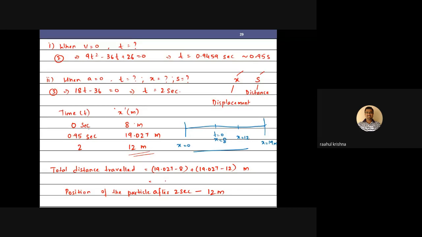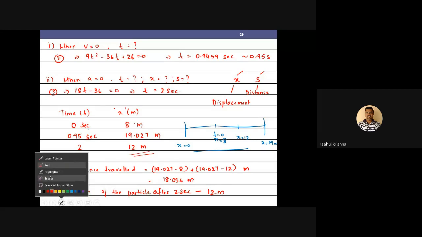Kim, can you give me the value then? 18.05. Value, total distance, 18.054 meters.